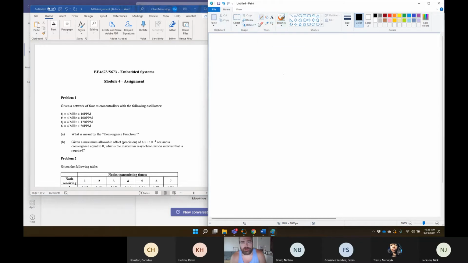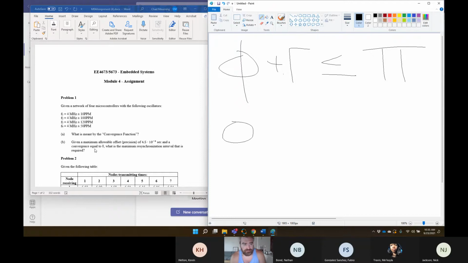The formula from the notes says that your convergence function plus your runaway drift needs to be less than or equal to your precision. So convergence function is given as 0 plus gamma must be less than or equal to 4.5 e negative 4.